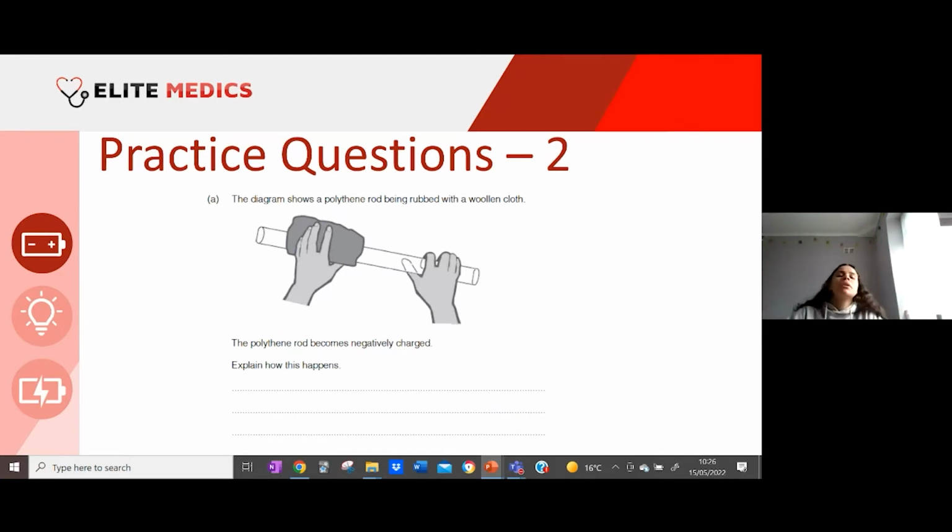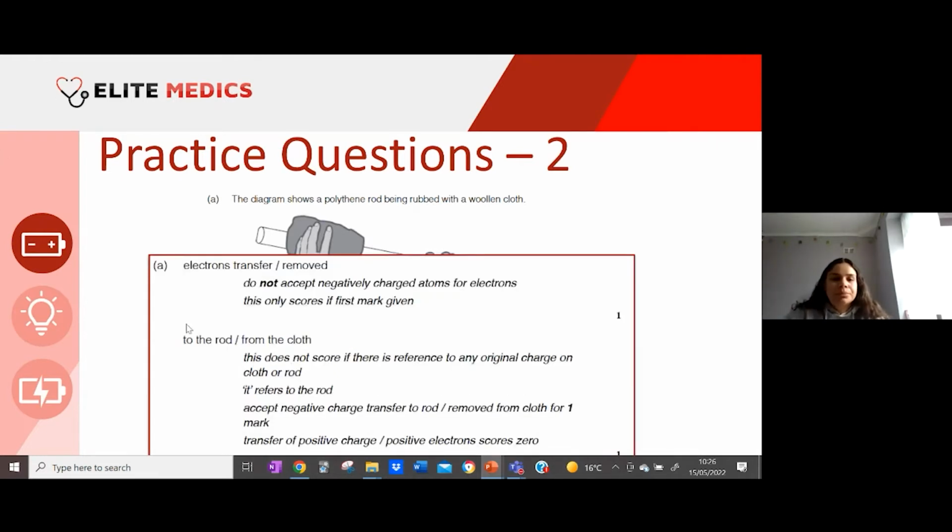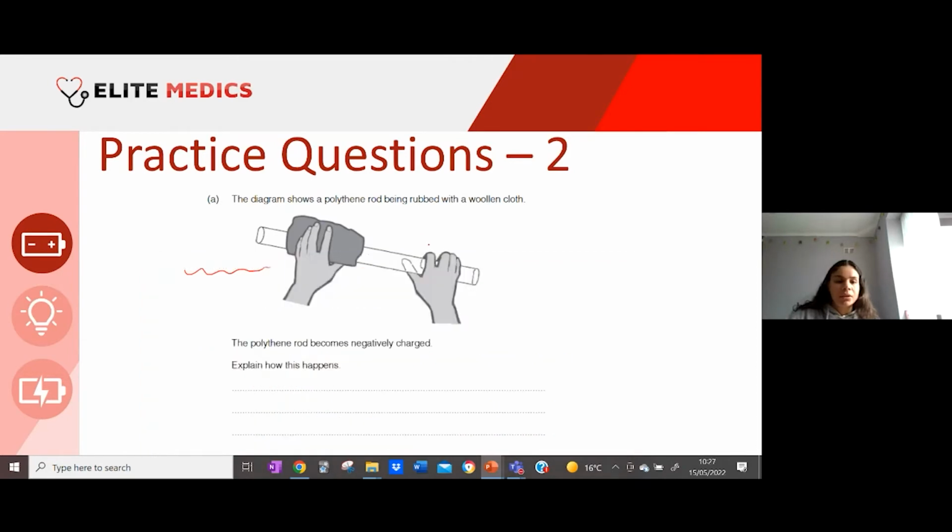Okay, so we've got a polythene rod being rubbed with woolen cloth. The polythene rod becomes negatively charged. Explain how this has happened. So we've had electrons being transferred. When I was saying about keywords, try to point out literally everything that's happened. So why do we get a charge? The electron transfer from the cloth to the rod. It tells you that the rod becomes negatively charged.